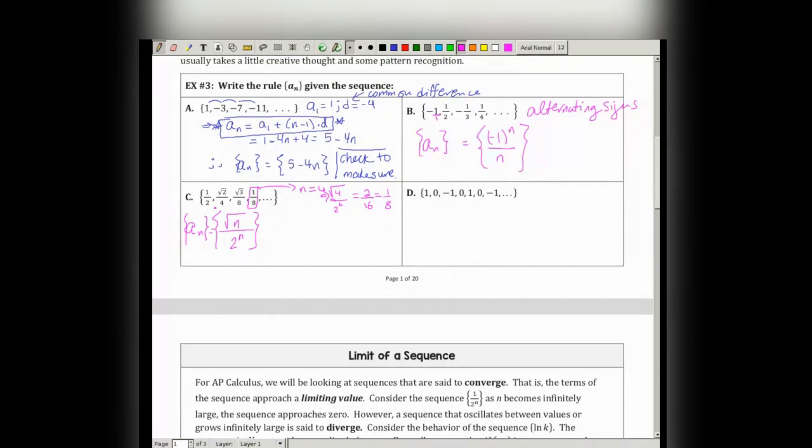Okay, again, notice the denominator is 2 to the power n. Any questions? So always check to make sure that you did it correctly.